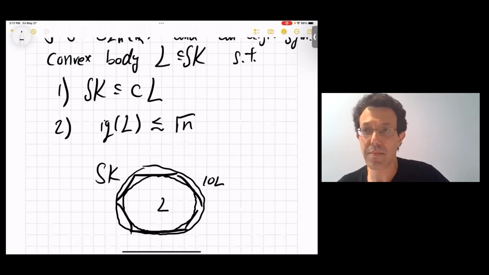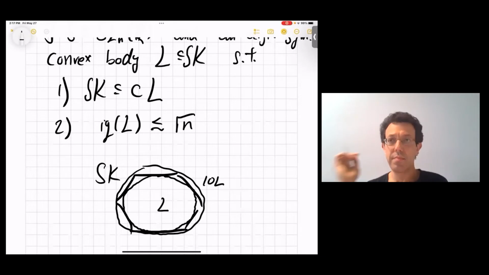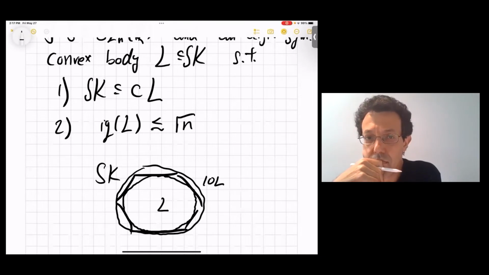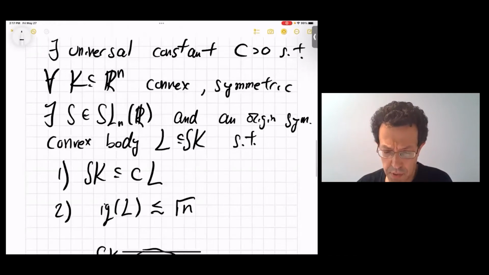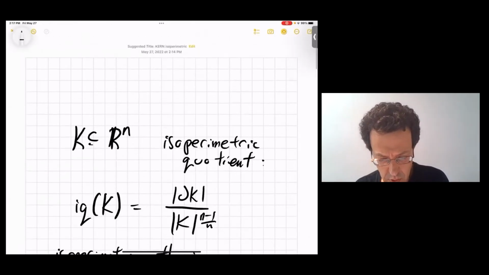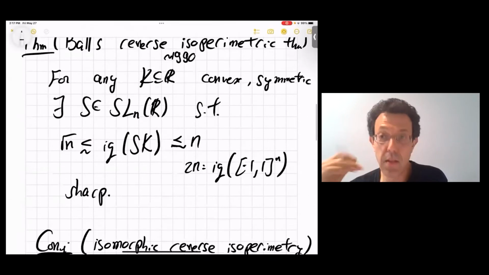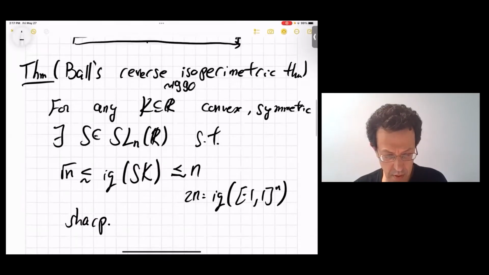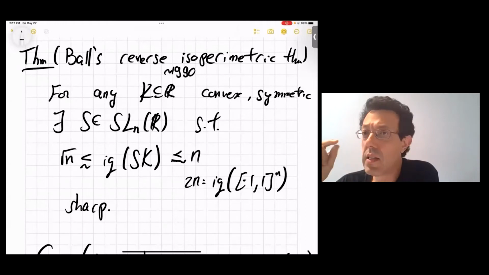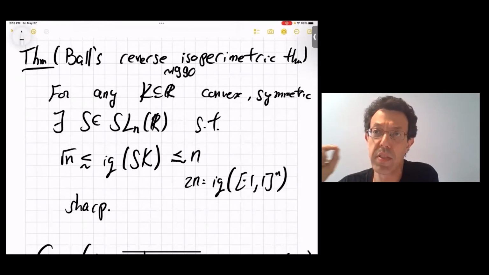Okay. That's another question. Knowing that the body is isotropic, do you need the scaling by S? Absolutely. Even in Keith-Ball's theorem, the S that allows you to reverse the isoperimetric theorem is the S that puts the body in what's called not isotropic position, but minimum surface area position.